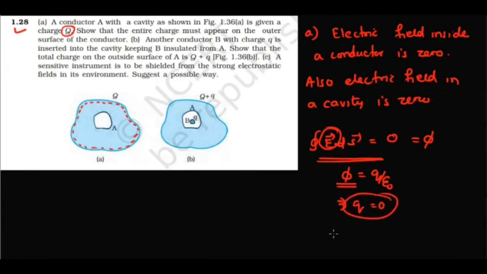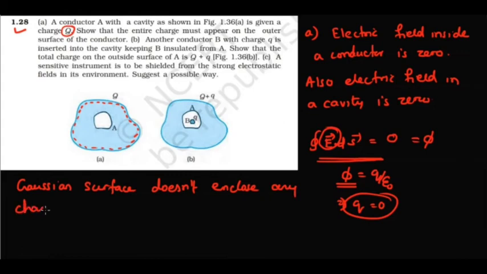It means the Gaussian surface does not enclose any charge. It means inside this Gaussian surface there is no charge present.